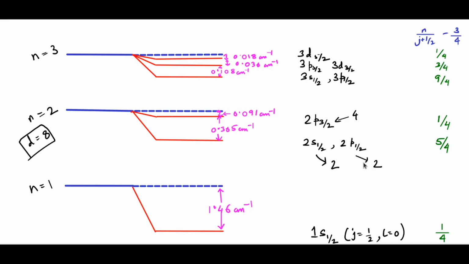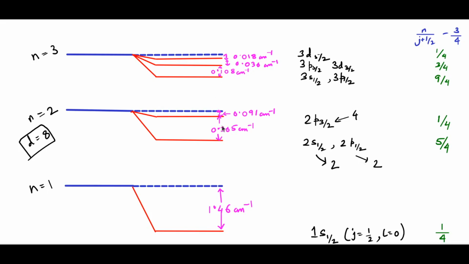As far as the sizes of these shifts are concerned, note that n by j plus half minus 3/4 for these values of n and j are easily seen to be 1/4 for the j equals 3/2 case and 5/4 for the j equals half case. So the relative size of the splittings is going to be controlled by that.